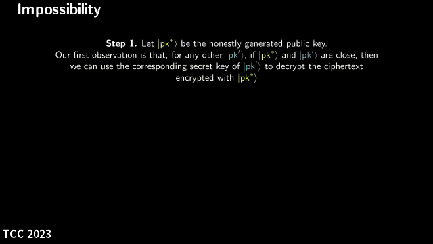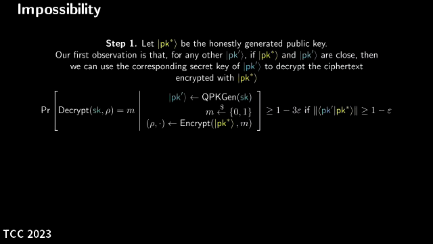For the last part of the talk, I will present a quick proof for the impossibility result. The main observation is that, let's say you have PK0, which is the honestly generated public key. Then for any other PK blue, if PK0 and PK blue are close enough, then you can use the corresponding secret key of PK blue to decrypt any ciphertext that was encrypted with PK yellow. Here's the formula for the statement.